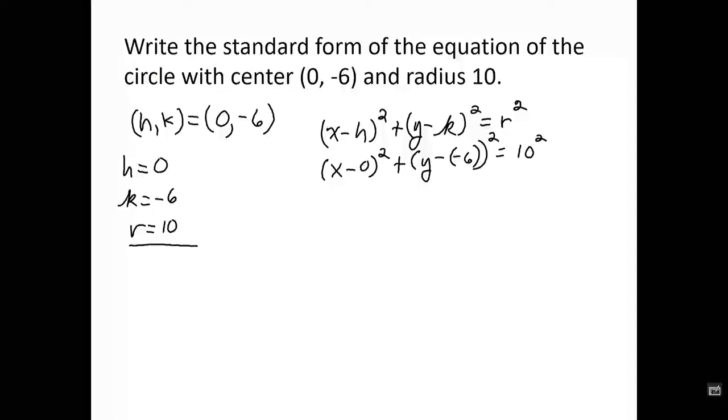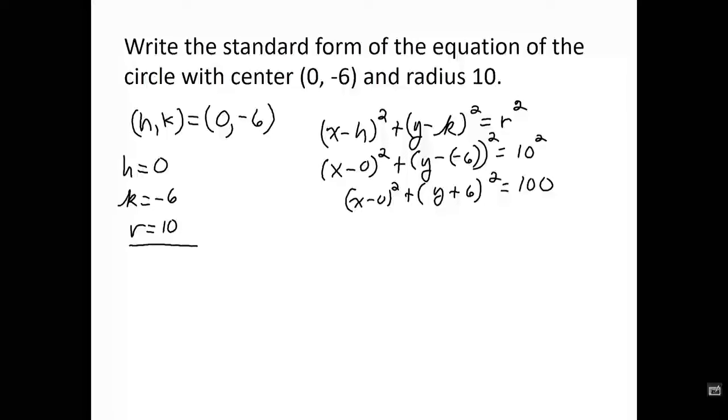Let's simplify. We have (x - 0)² + (y + 6)² = 100.